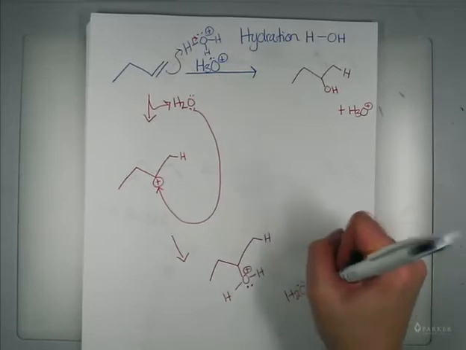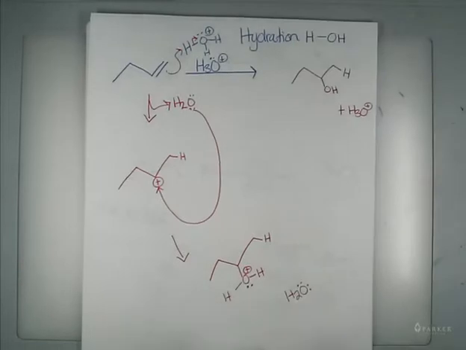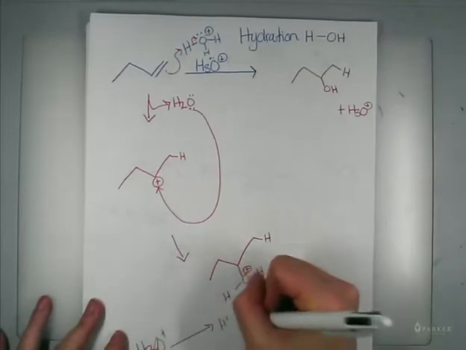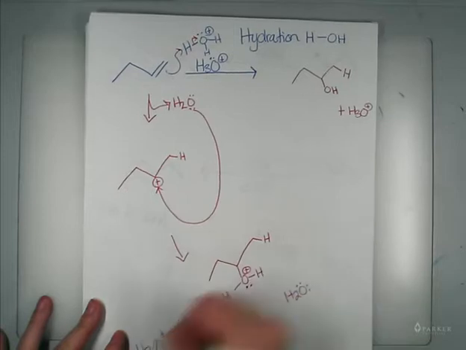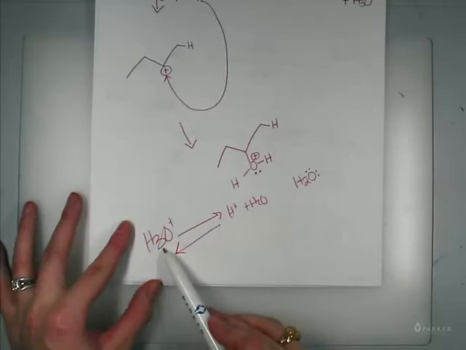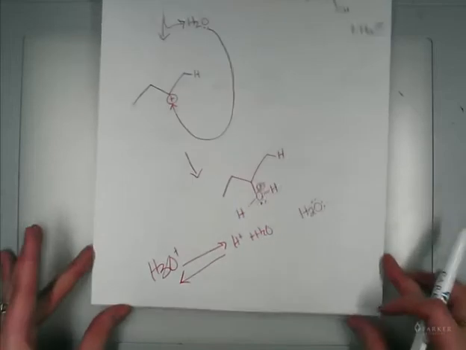Okay, this water comes from H3O+. So H3O+ is kind of like an equilibrium, going back and forth. Anyway, anytime you see H3O+, that means there's a lot of water in there too. Okay? So it's like acidic water.